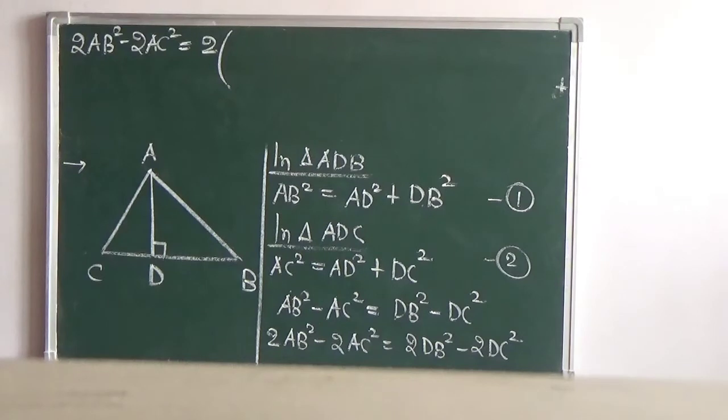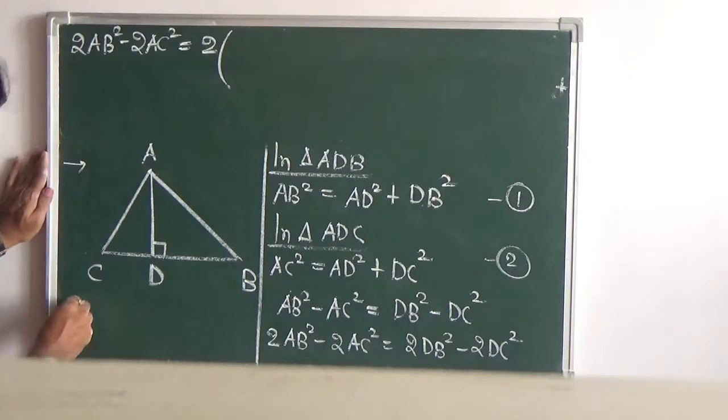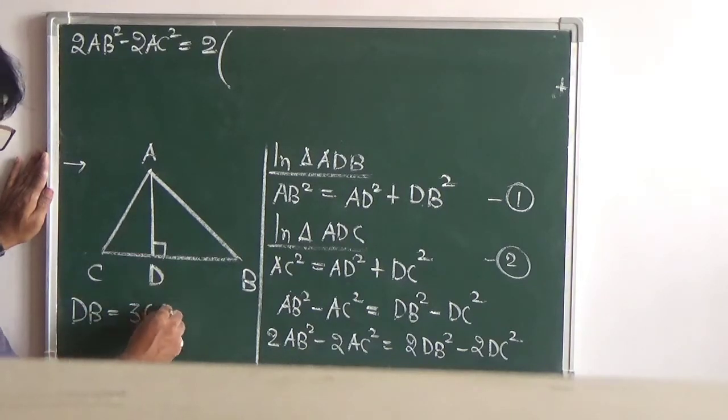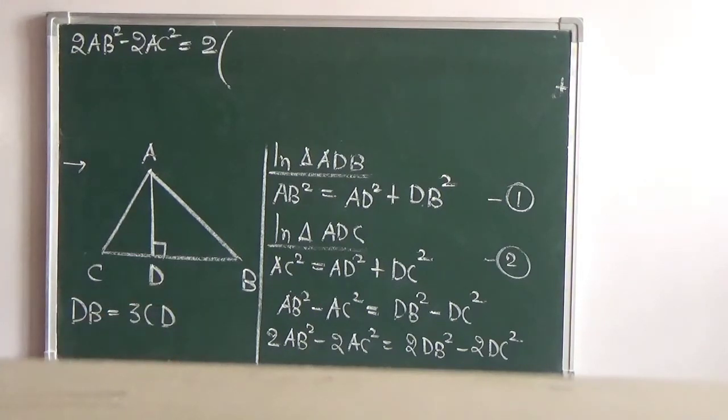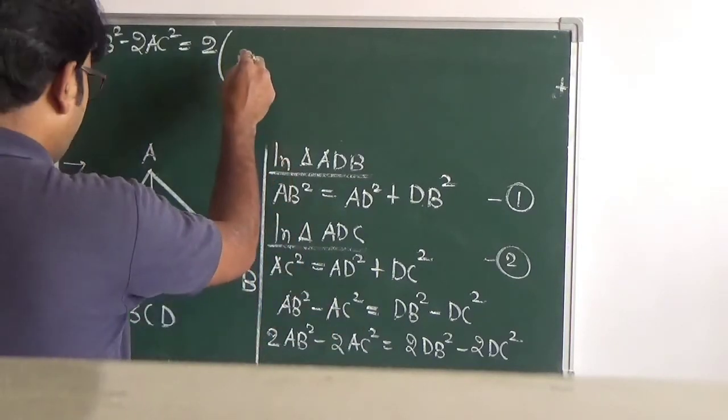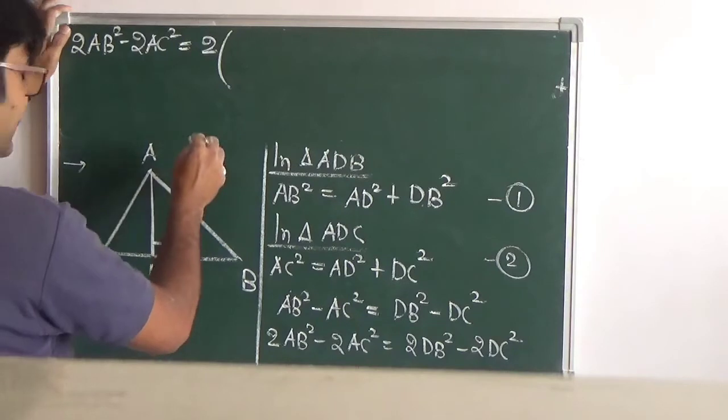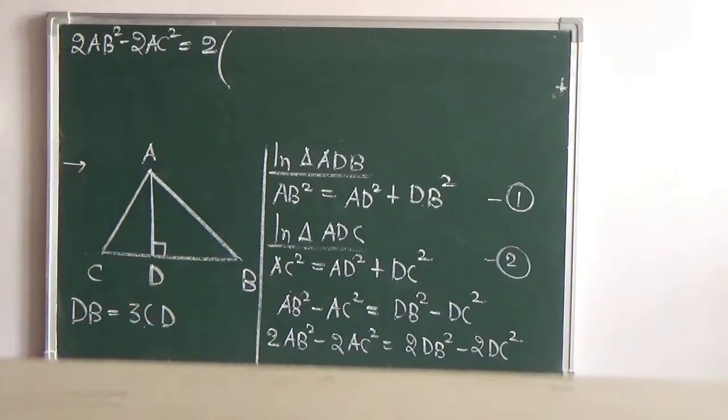We are given that DB equals 3 times CD, so in place of DB we write thrice of CD. Or in terms of BC, DB is 3 by 4 BC.